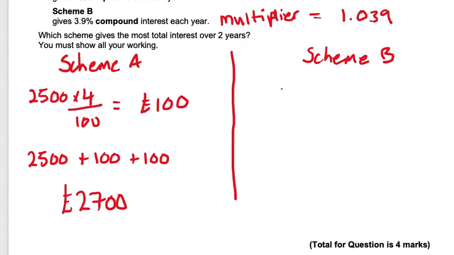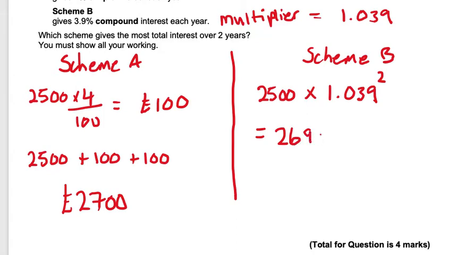And then in scheme B, we've got the original 2500, and we multiply it by the multiplier, 1.039, and it's for 2 years. So we have to square that amount. We put that whole formula into our calculator, and we end up with 2698.8025, and this is where we do round.